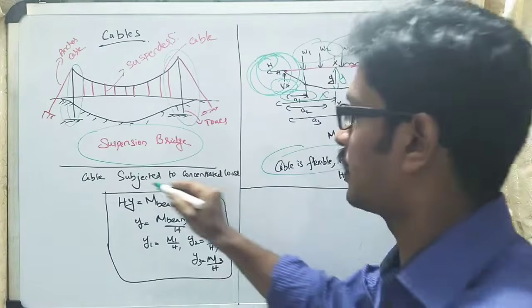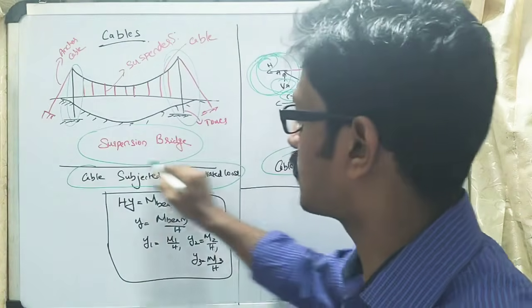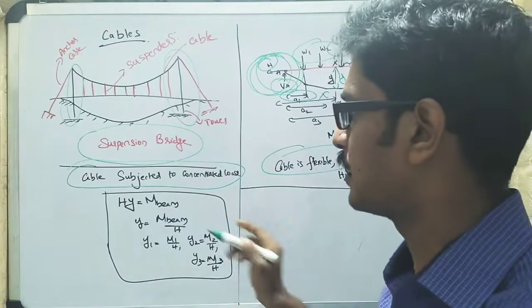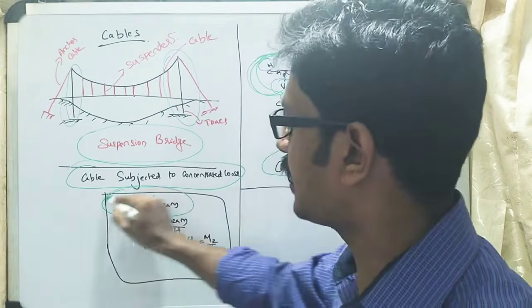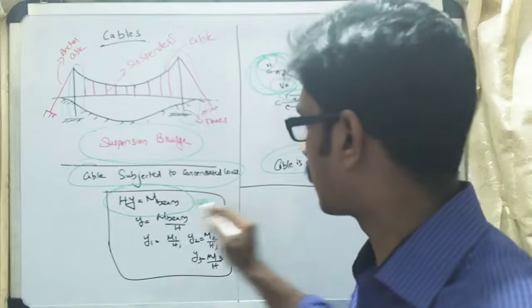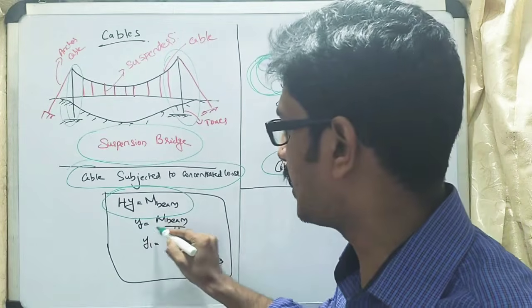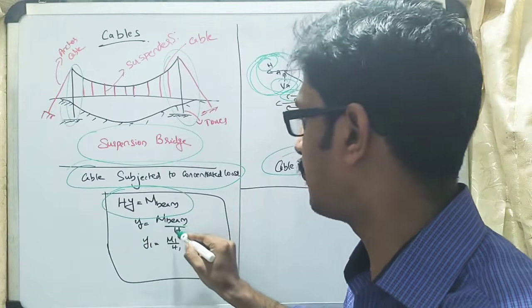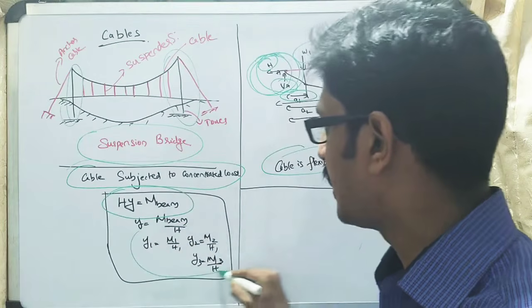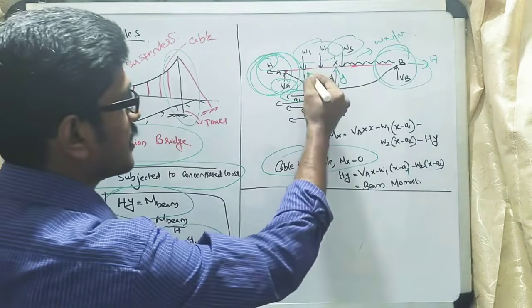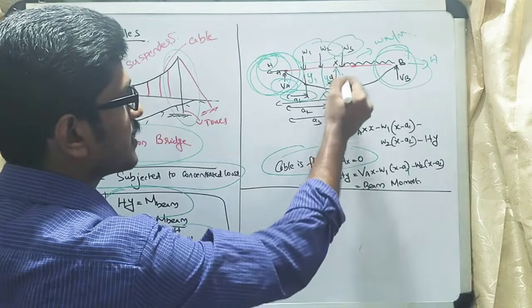Then if we are given a cable subjected only to concentrated loads, how do we solve it? We know that Hy equals the beam moment. Already we said that. So we can say that y equals the beam moment divided by H. Likewise, at any point, the deflection is here Y1, here Y2, here Y3.